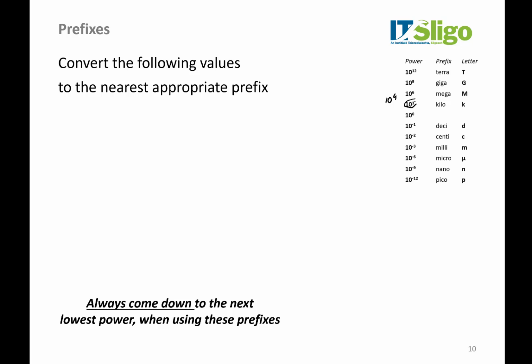Then you would always drop down to the next available prefix to describe that unit. We wouldn't go up to mega, we would always drop down to kilo. Say if our answer was 10 to the minus 5, I would always drop down to the next available unit to describe that. So best explain by example. I think we look at the big values first, and then we look at smaller values. Values greater than 1 first.